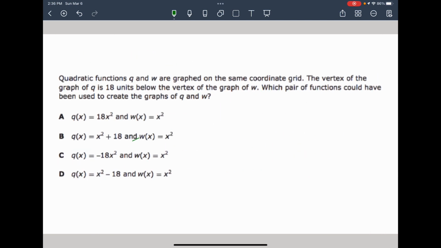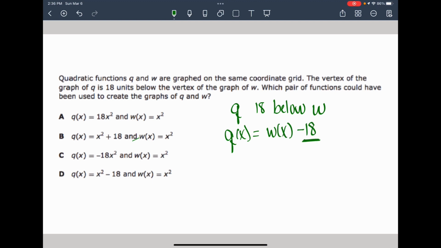So it says quadratic functions q and w are graphed on the same coordinate grid. The vertex of q is 18 below the vertex of the graph of w. Which pair of functions could have been used to create the graphs of q and w? So we want q to be 18 units below w. So remember, the way we do that is we're going to say q of x equals w of x minus 18.